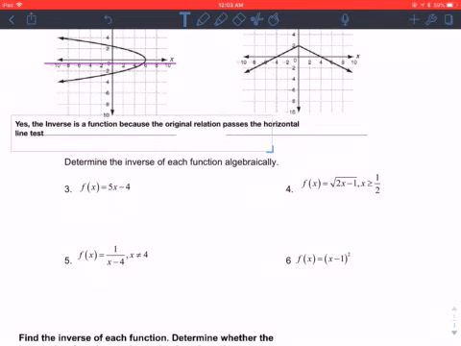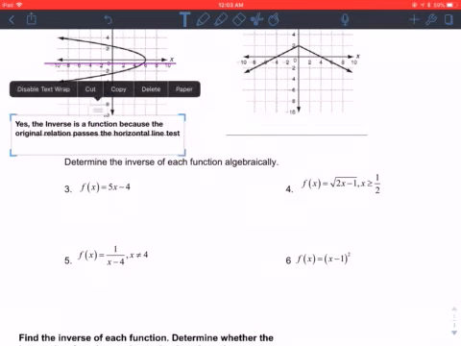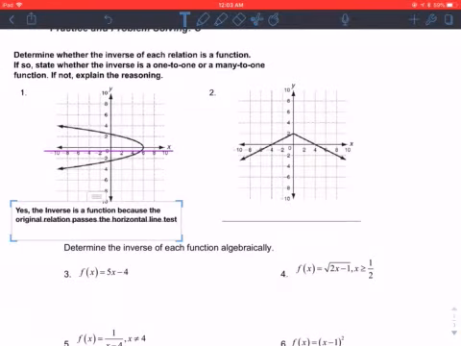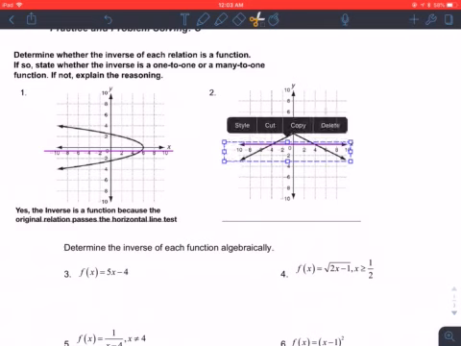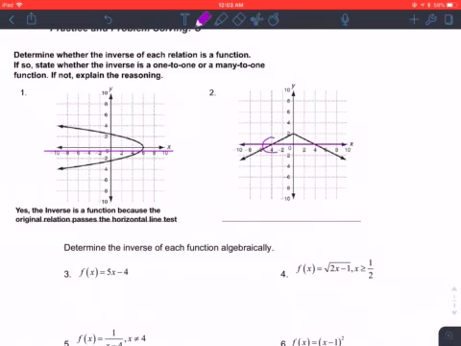Alright, so we're going to do the exact same thing on the second one. We're going to take a horizontal line and check to make sure it doesn't cross more than once. In this case, it does cross more than once. We see it crosses here and here, so we have repeating y values.